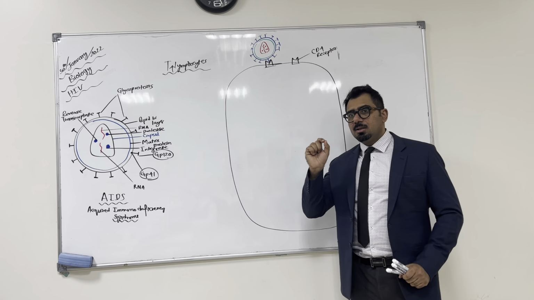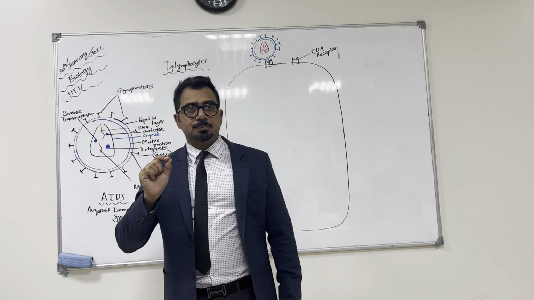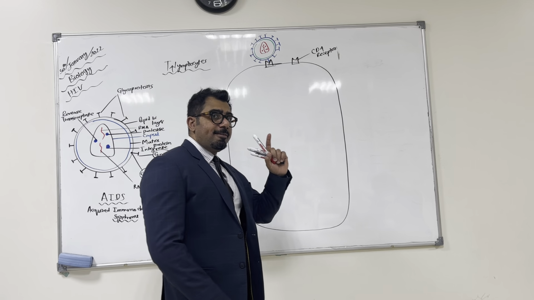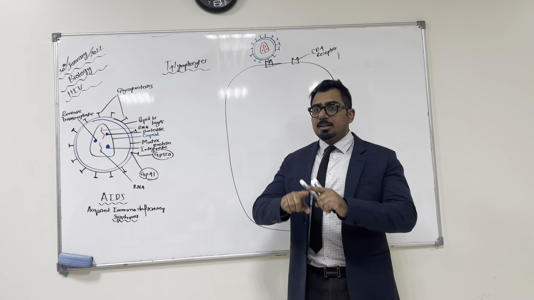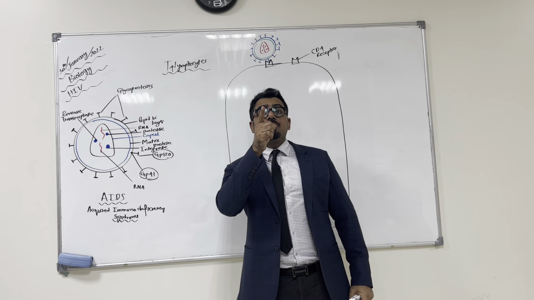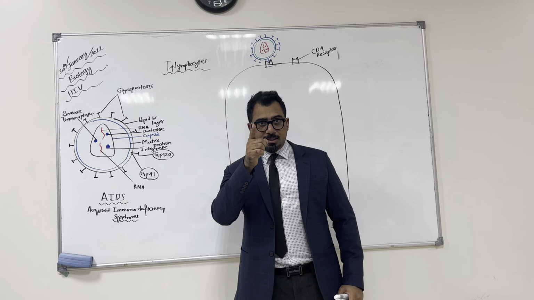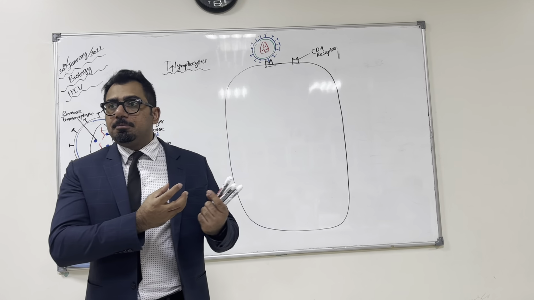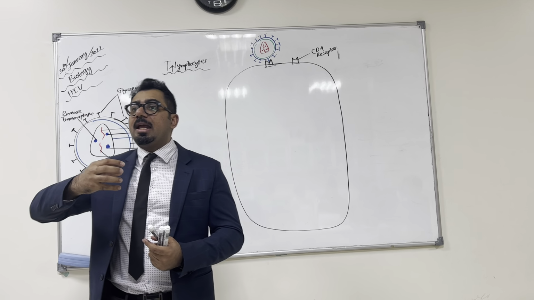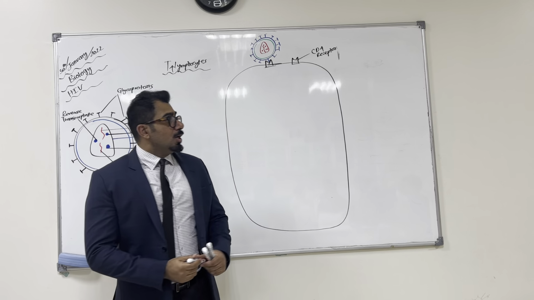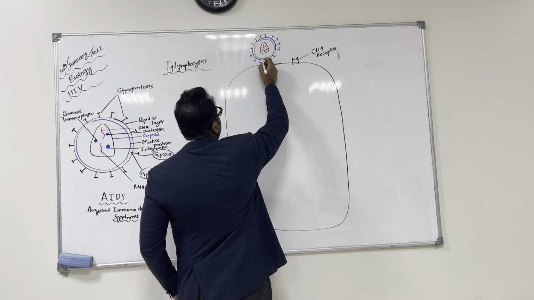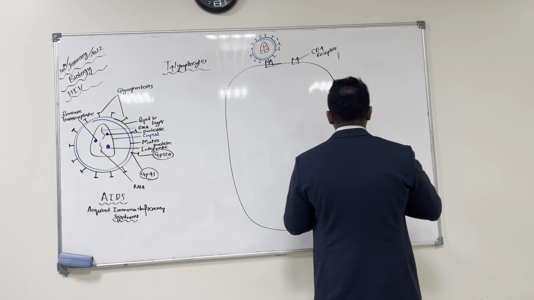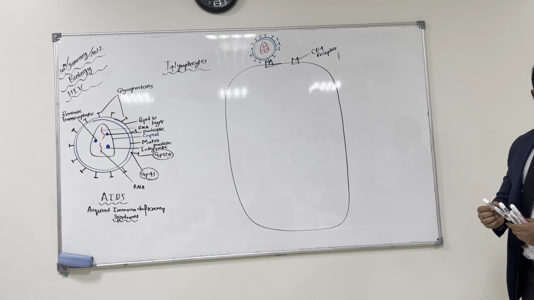Now what will happen? Endocytosis. Now you guys remember, when endocytosis happens, the vesicle's membrane becomes part of the cell. Understand? And when exocytosis happens, at that time the vesicles are released and the membrane is reduced, right? So here this will enter by endocytosis. Now I can show on the side in a small diagram how the endocytosis will take place.